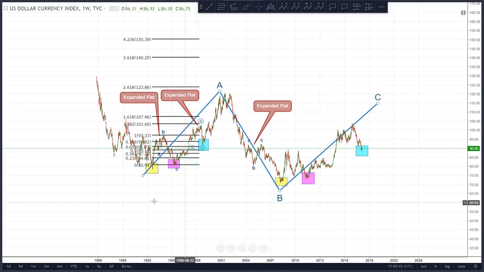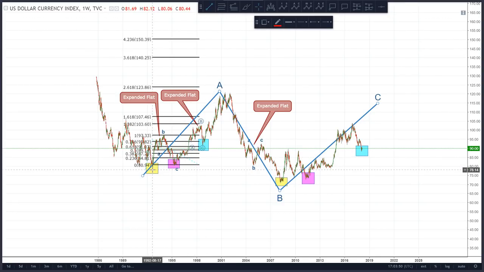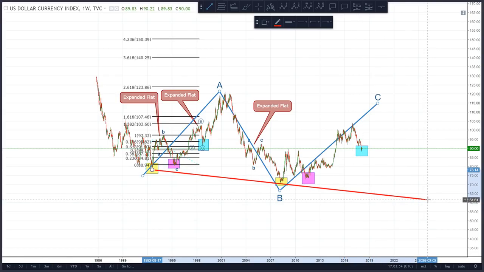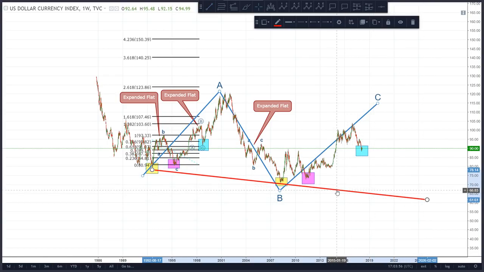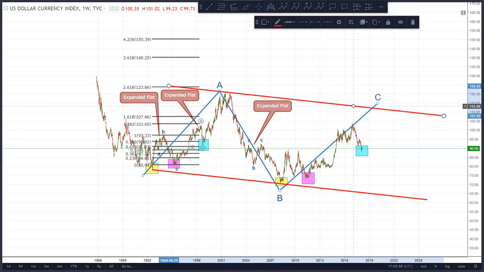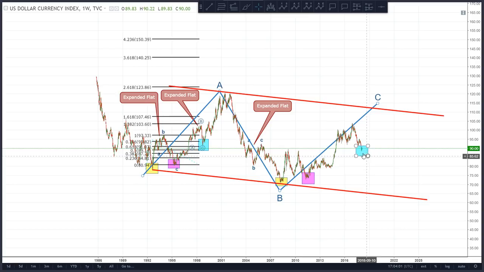It may be what we call a running flat. And a good target, I think, would be if we drew a parallel line to the lows here. I did that from there. We could project price going up to here, in which case this ABC would be described as a running flat.